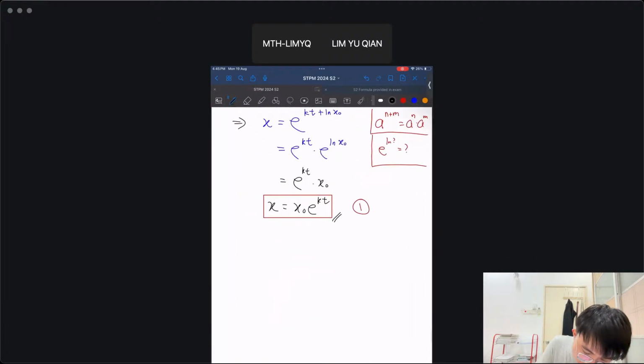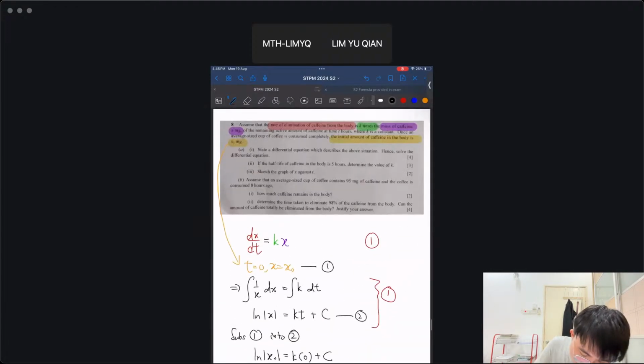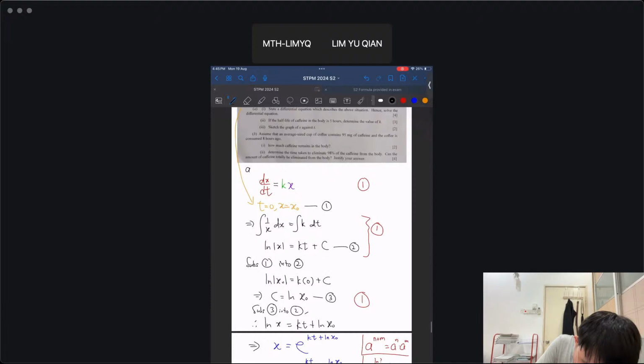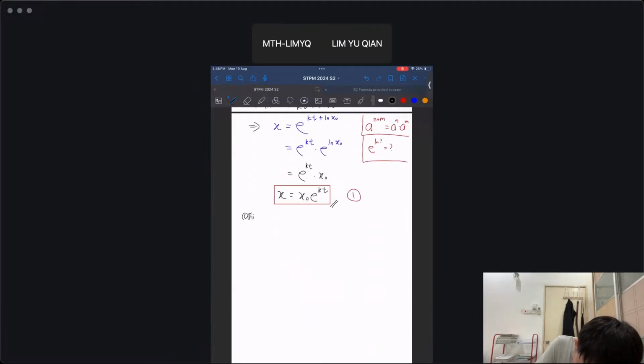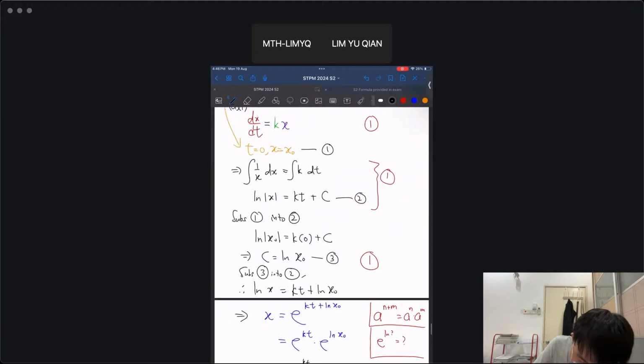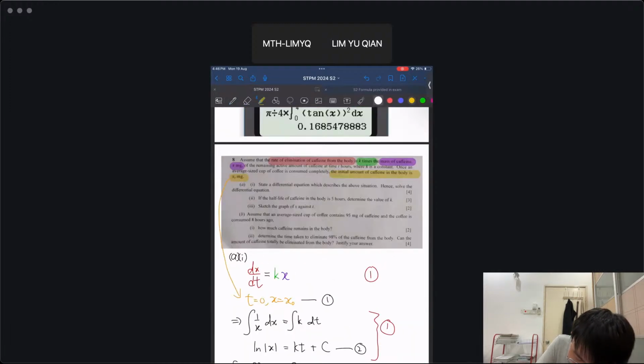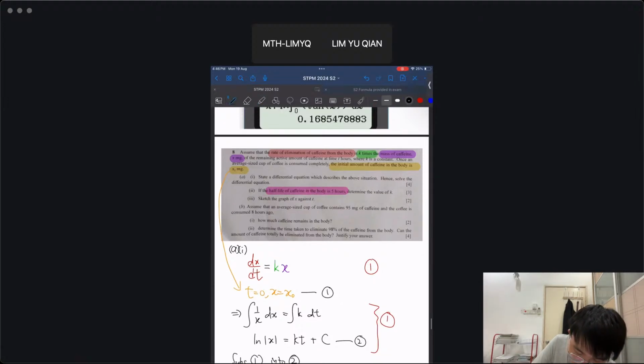So this one will suggest you a new condition. Okay, from this sentence, half-life is 5 hours. Determine the value of k.